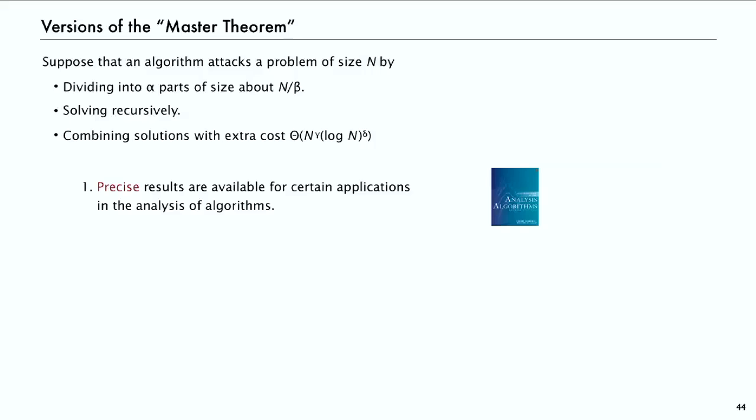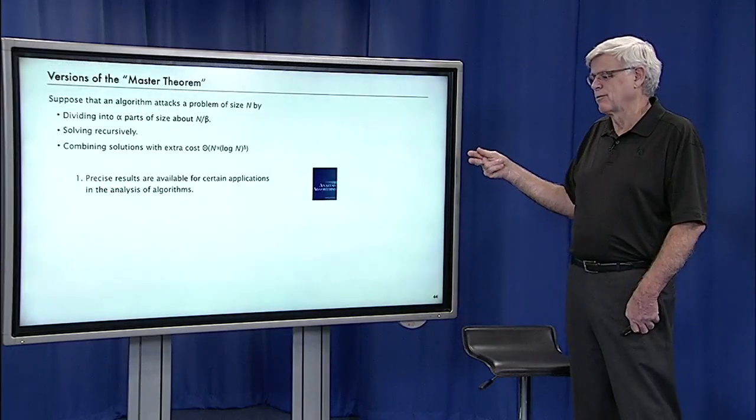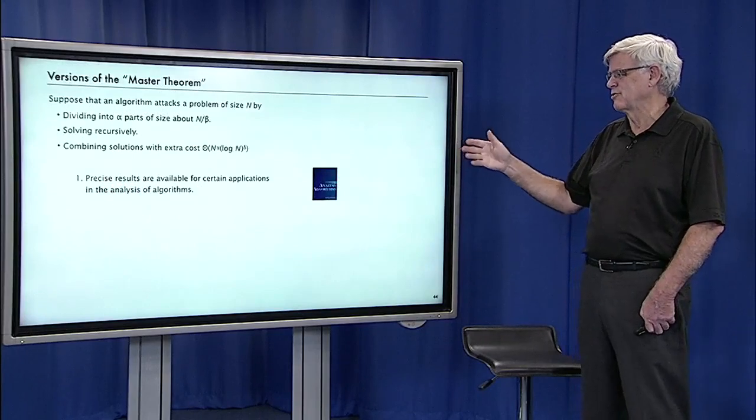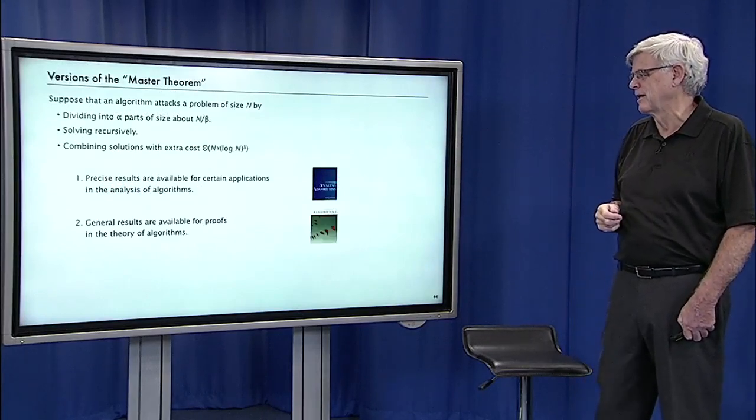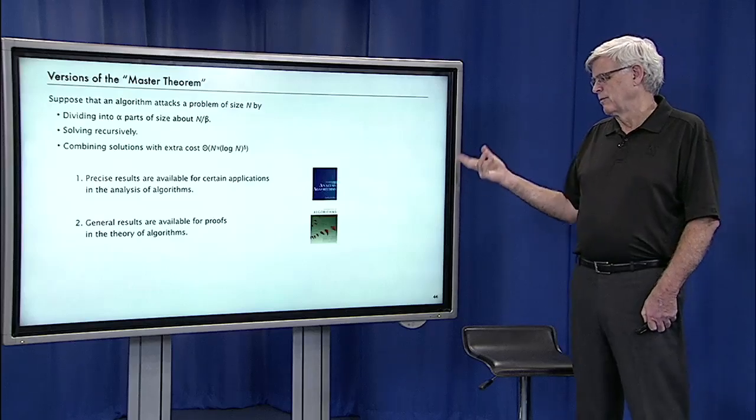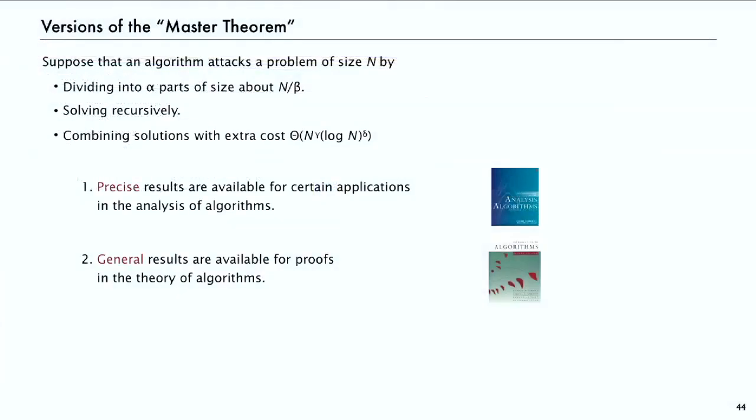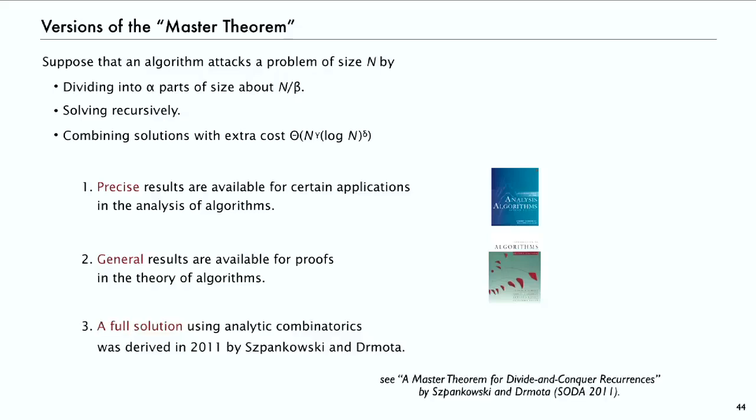And for the most important algorithms that people use in practice, where we want to predict performance and compare algorithms, we have no choice but to go there. The more general results in the theory of algorithms go even more general than where we went in terms of the extra cost of doing the combination, and those are certainly available.